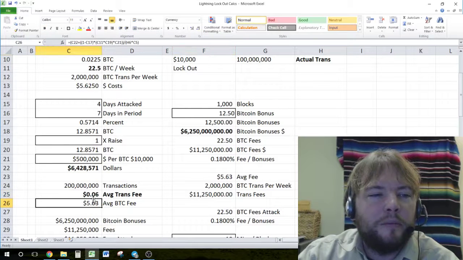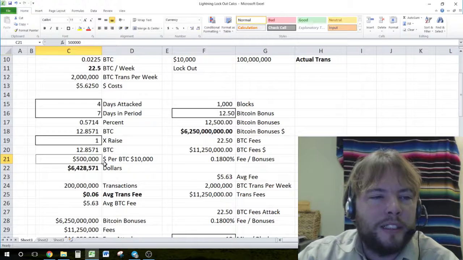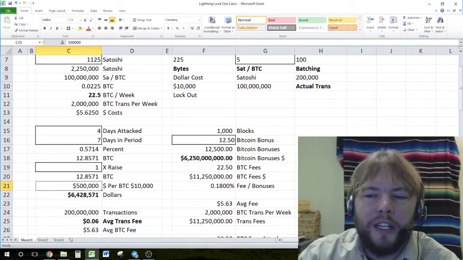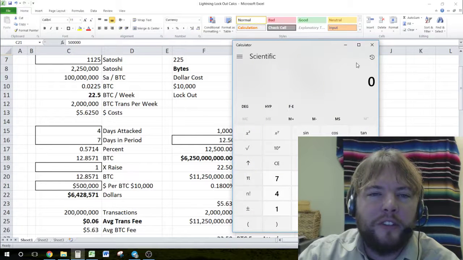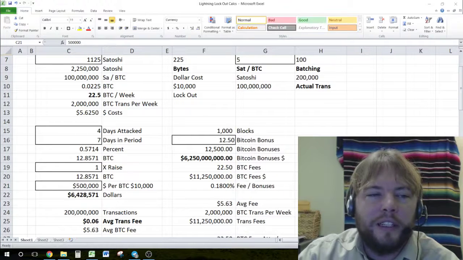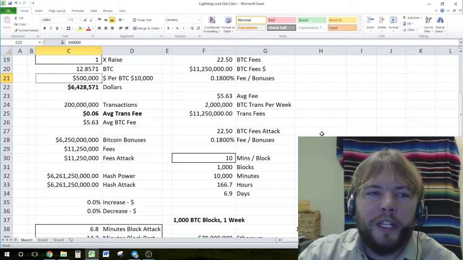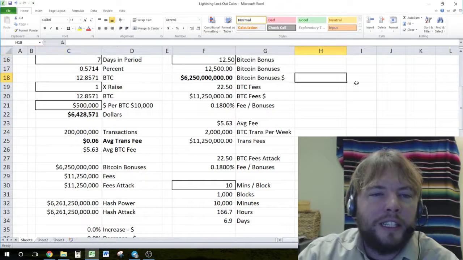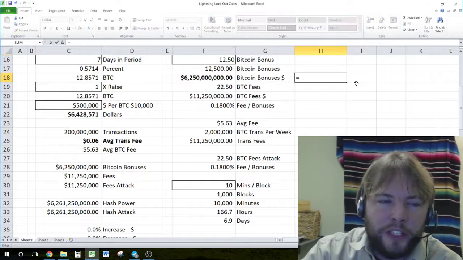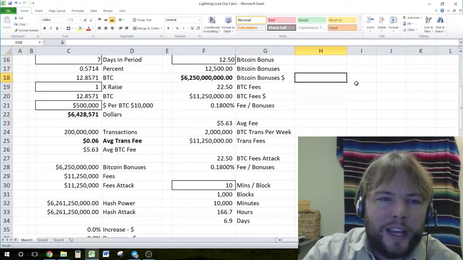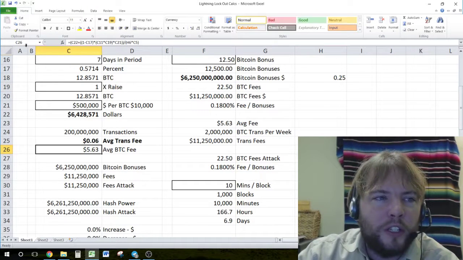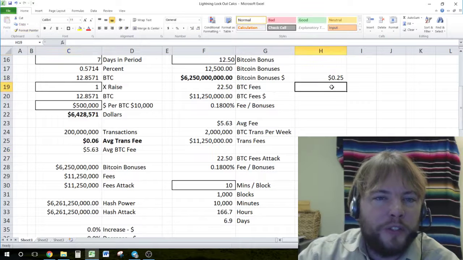So the thing with block size that you want to think about is that it's relative to the price value of Bitcoin. And since the price value of Bitcoin is infinite, then the block size can also become infinite. So right now in this situation we have a $5.06 Bitcoin transfer, and then let's just say we want to have a maximum of no more than 1/4 for the Bitcoin transfer fee.